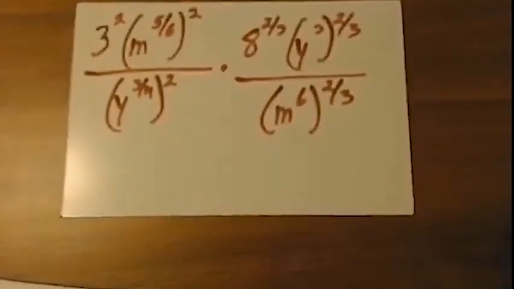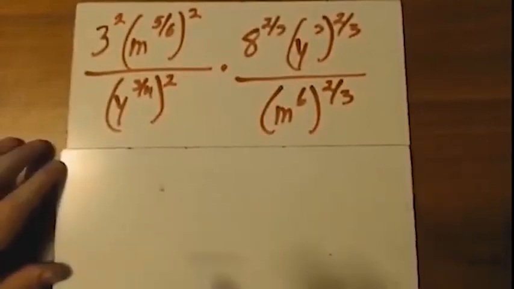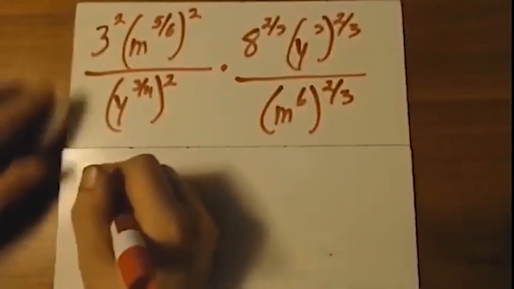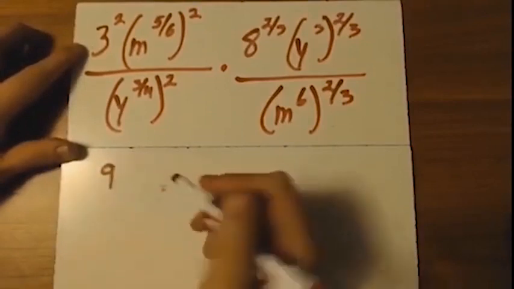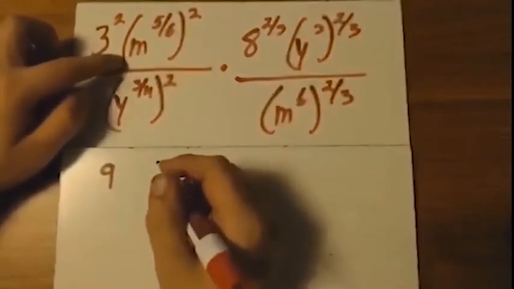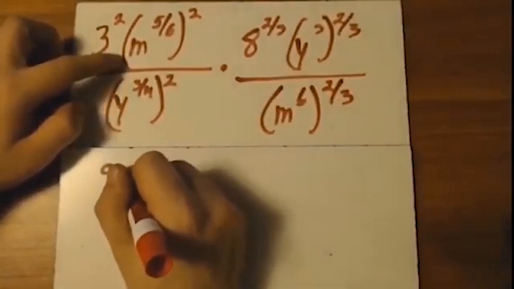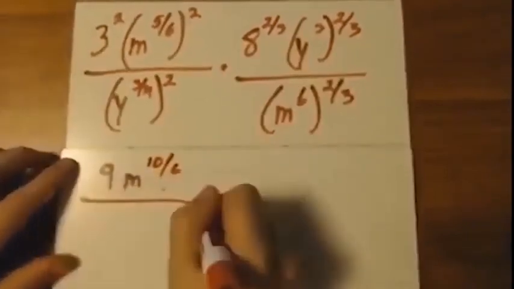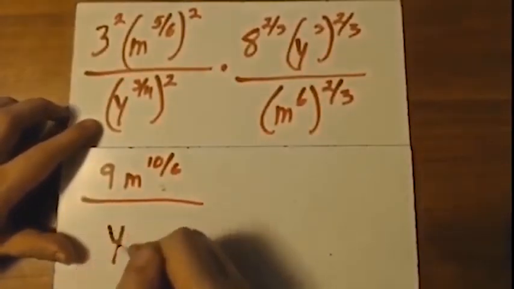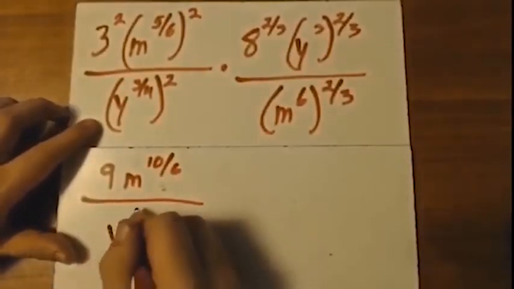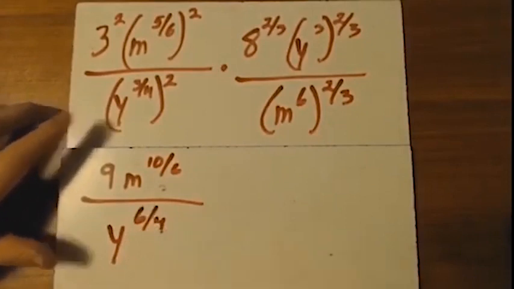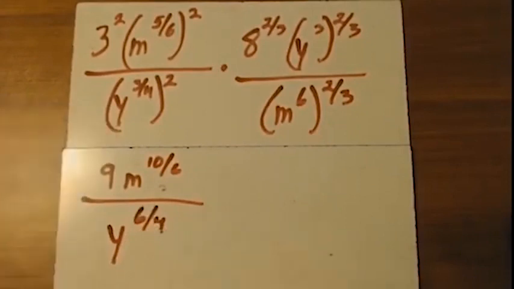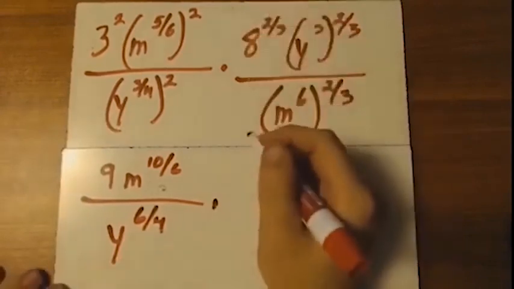And now we'll simplify this. Three squared is 9. Power raised to a power we multiply. So m to the 10/6 over, power to a power, 3/4 times 2. So y to the 6/4 times 8 to the 2/3.